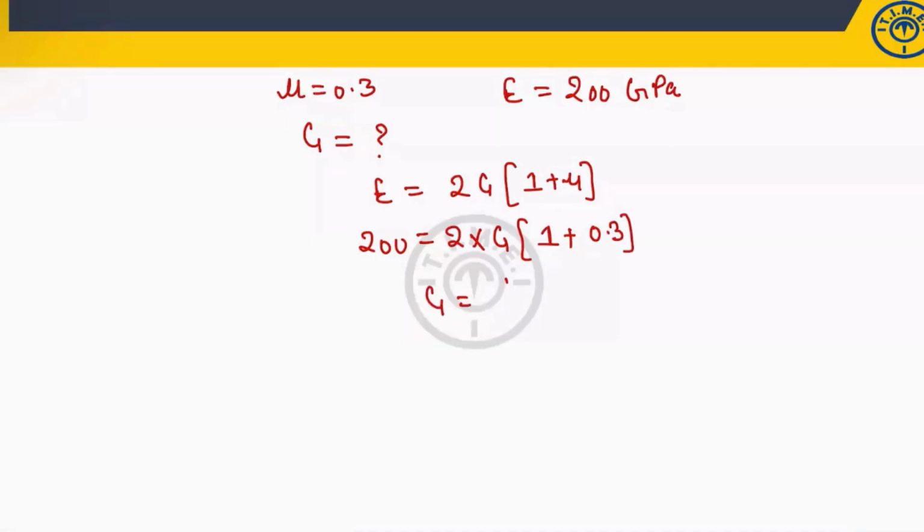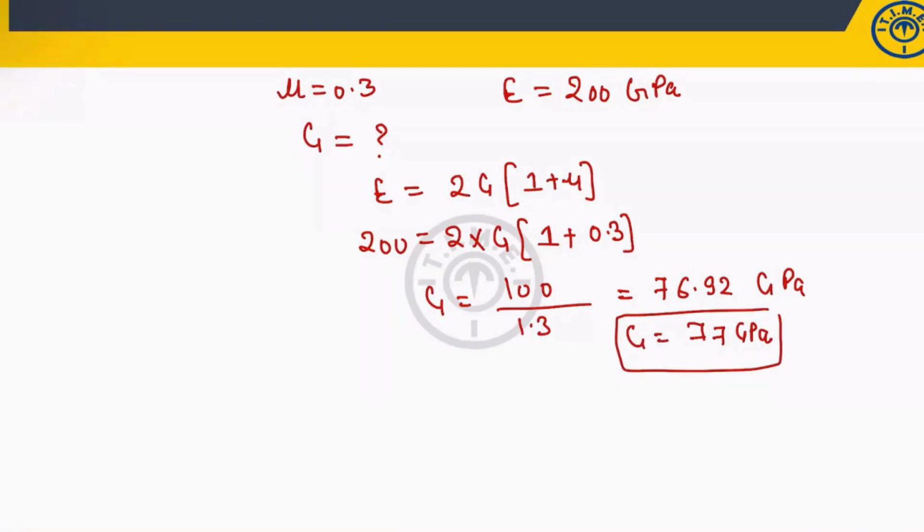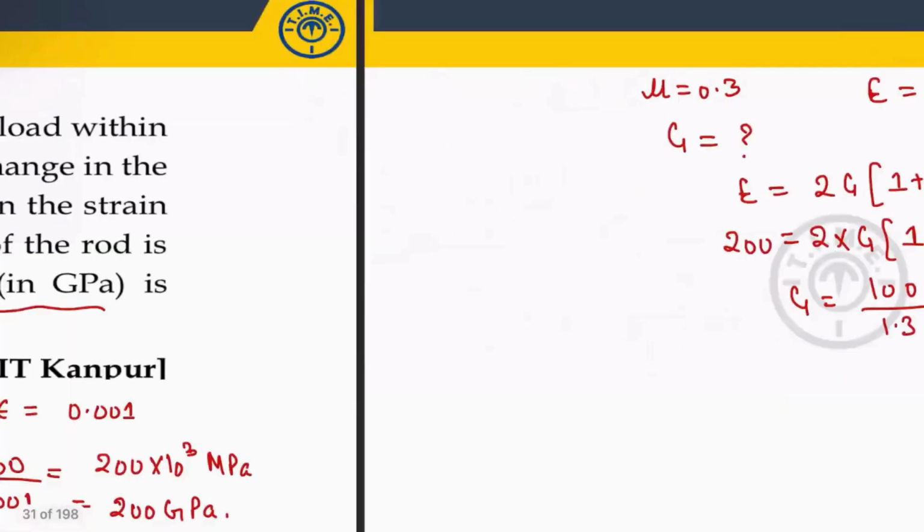So what is the value of G? 100 divided by 1.3, which is approximately, once you solve this, you will get 76.92, which is approximately 77 gigapascal. Okay. So the correct answer for this question is G is equal to 77 gigapascal.